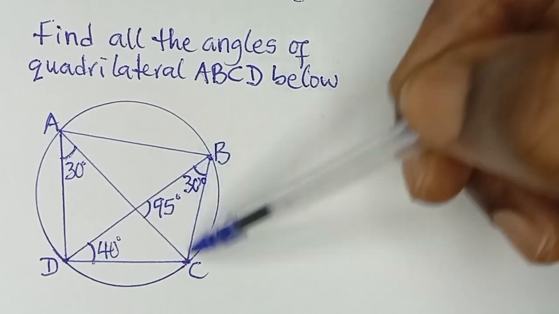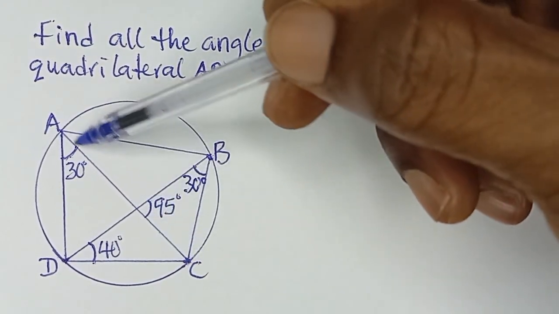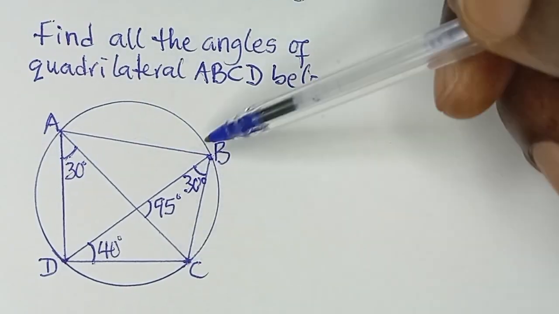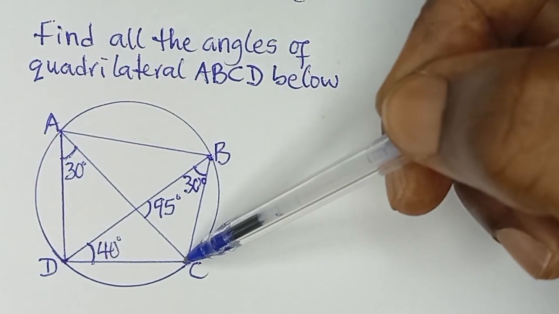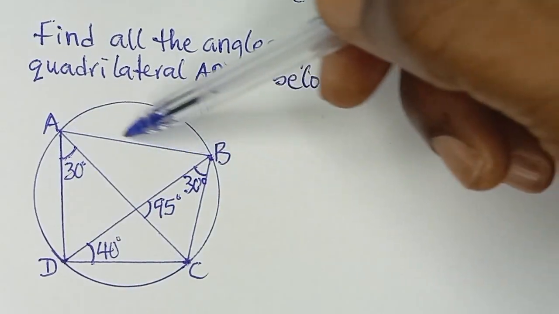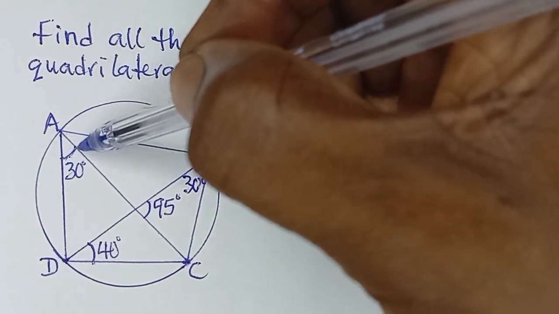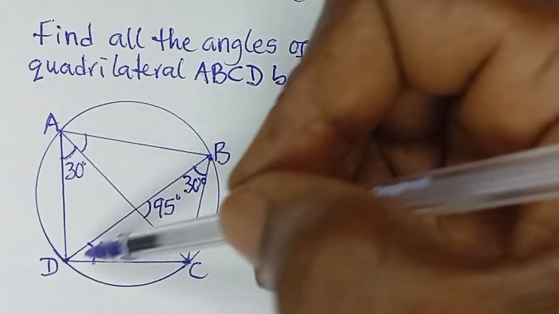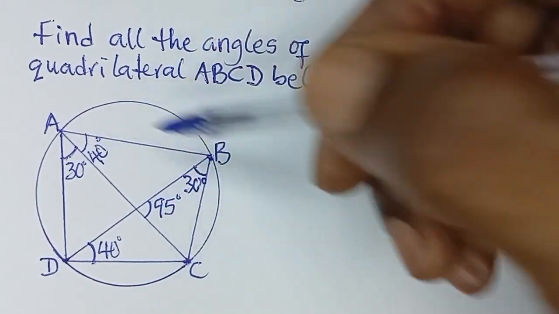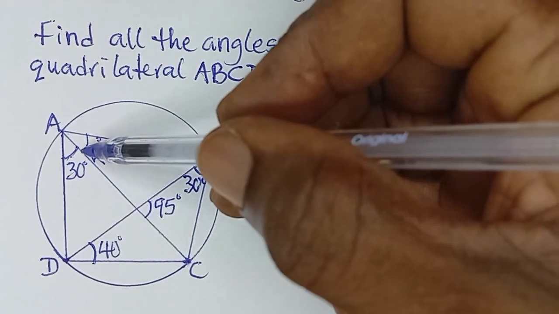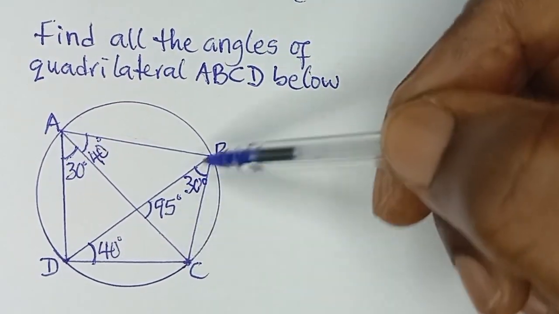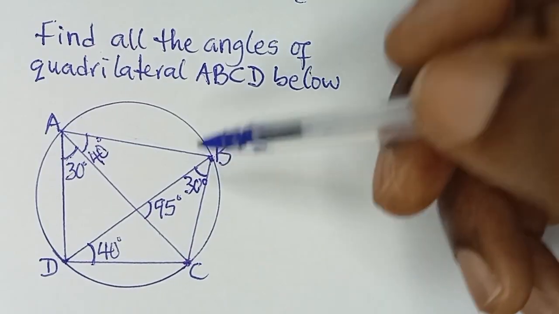Similarly, from the same B and C, we have two different lines going to point A to form another angle here at the circumference. So those two angles will also be angles in the same segment. So this will be 40 degrees because it is in the same segment with this as well, because the pairs of lines are coming from the same points B and C.